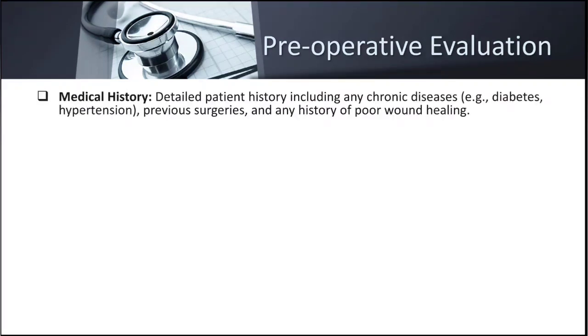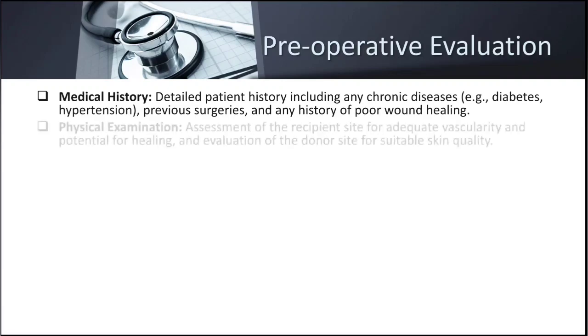Let's talk about the pre-operative evaluation of the patient. First, any patient, you start with the history and examination. So in medical history, you need detailed patient history, including of any chronic diseases, for example, diabetes, hypertension, any previous surgeries, or history of poor wound healing.